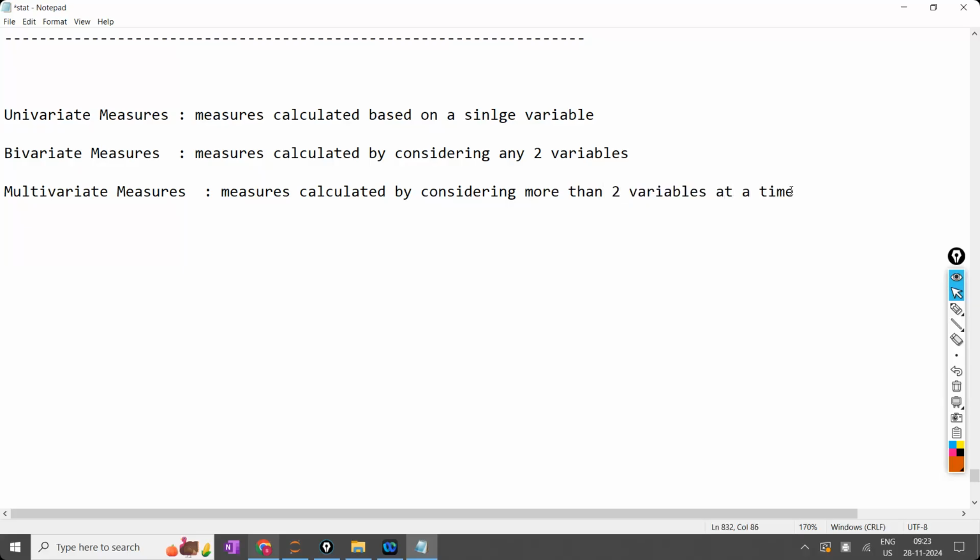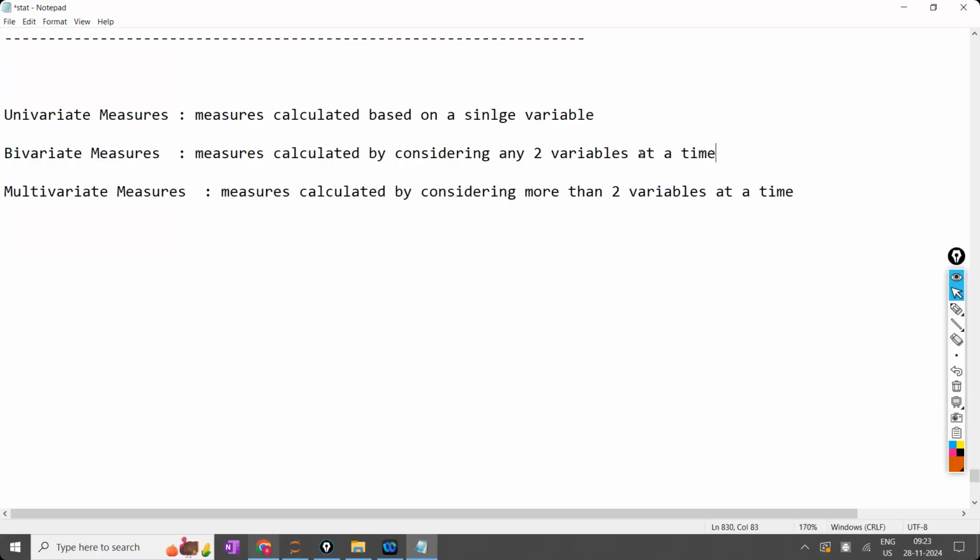So if you are considering a single variable, it is univariate. If you are considering two variables at a time, it is bivariate. If you are considering multiple variables at a time, it is multivariate measures. So we have different types of measures in this way.